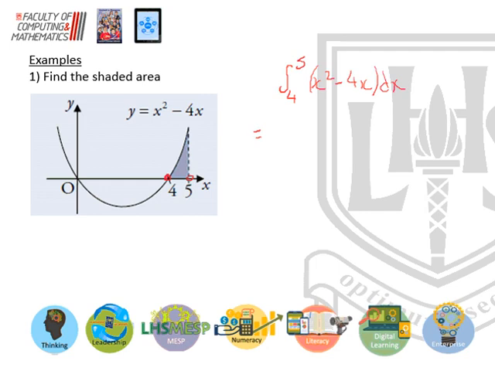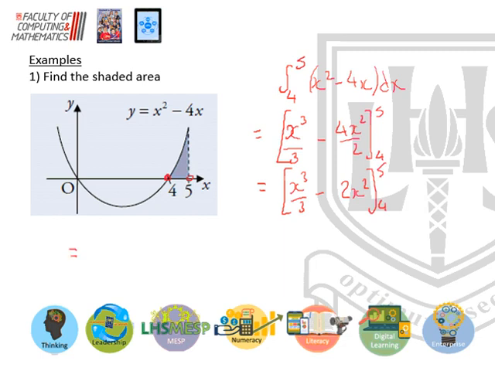Again, as in the last video, we're going to look at this and complete it. So x cubed over 3 minus 4x squared over 2, between 5 and 4. That 4x squared over 2 will just become 2x squared. I'm going to move over here to give it a bit more space, sorry for shifting about a bit.